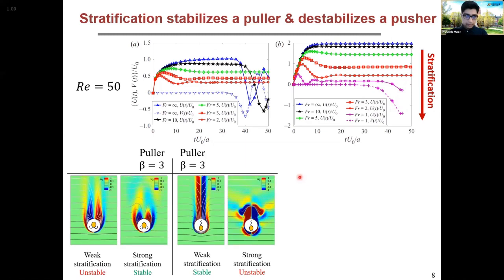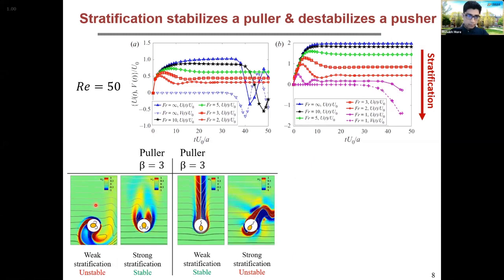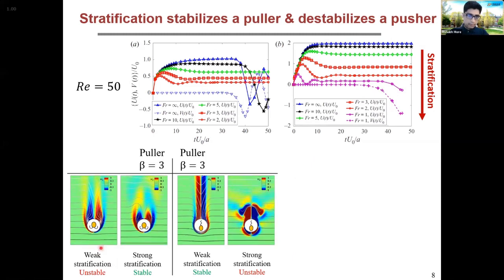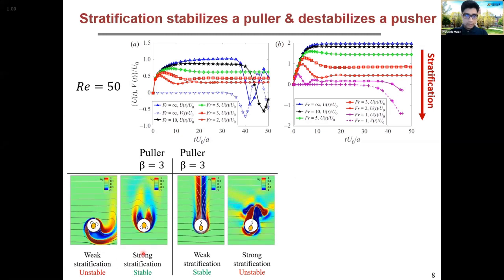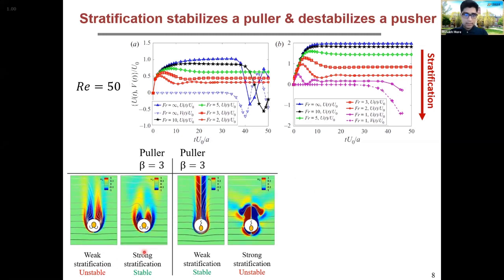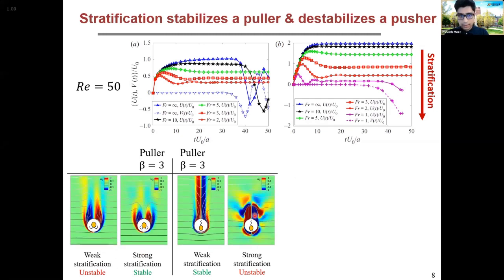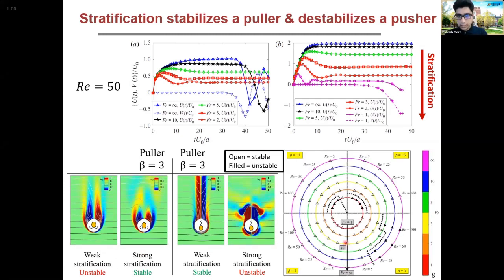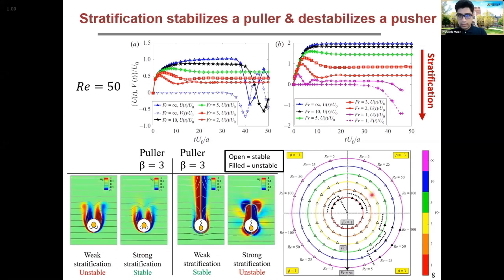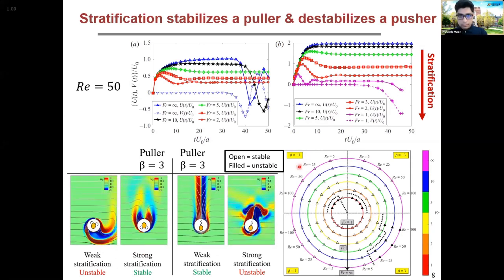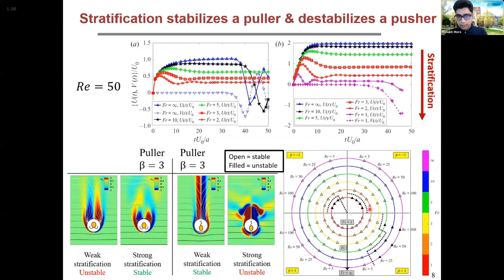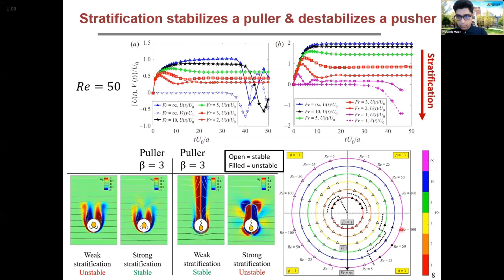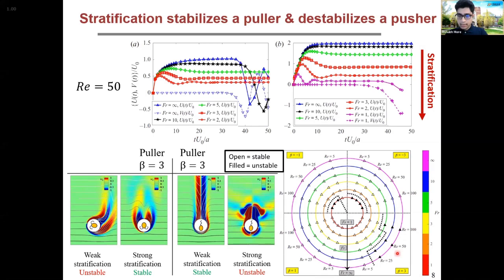And this is depicted nicely in this animation. So a puller in a weak stratification or a homogeneous fluid becomes unstable, while in a strong stratification, it is stable and follows a straight line path, and the effect is opposite for a pusher. And we also came up with this nice phase diagram, where the open symbols show the stable cases, and the filled symbols are unstable cases.